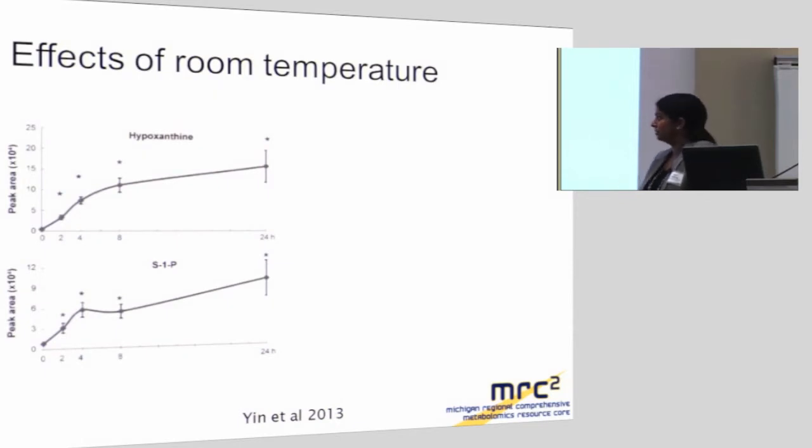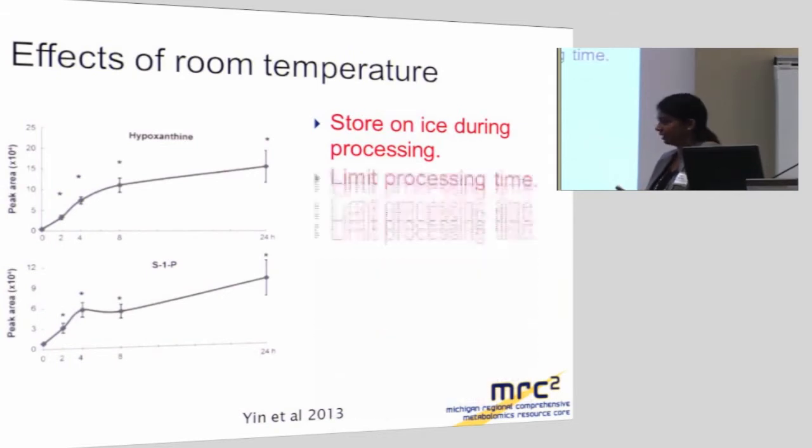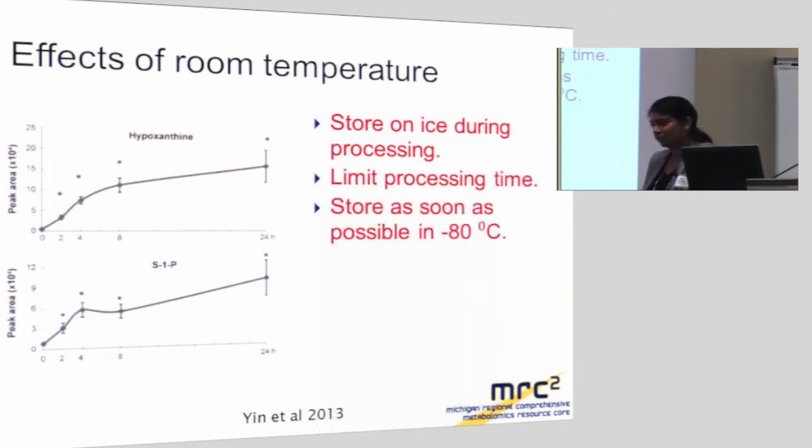So this is obviously an issue. The strategy to prevent this would be to work on ice while processing the samples and limit processing time. Also, as soon as possible, I know sometimes there are limitations, but as soon as possible, store it at -80. And when you transport samples, please transport them on dry ice to maintain the -80 temperature.